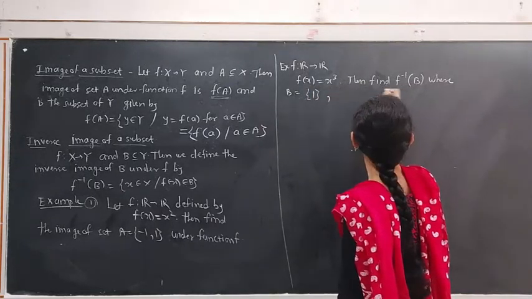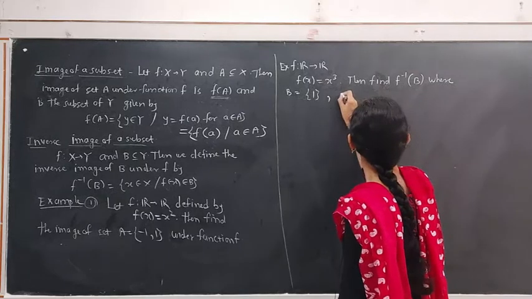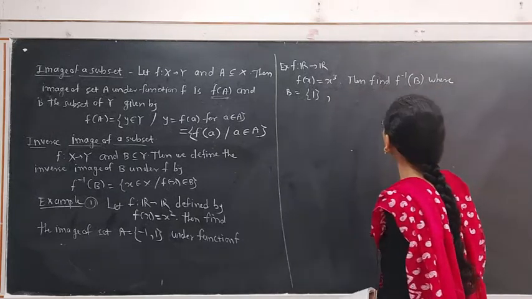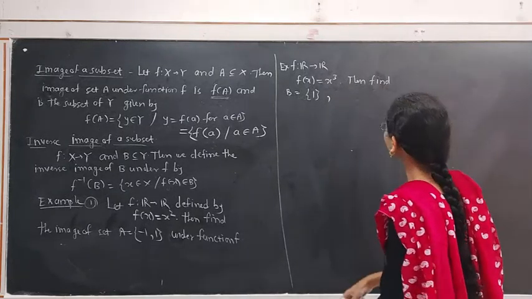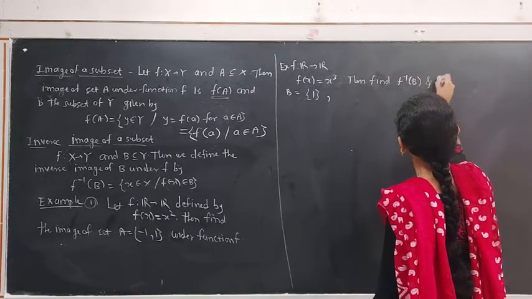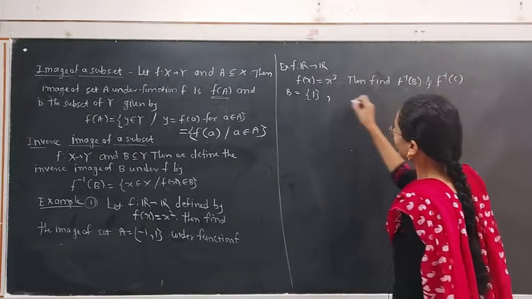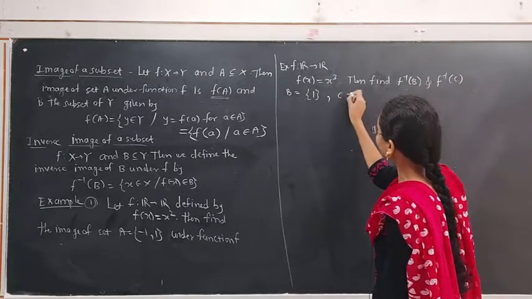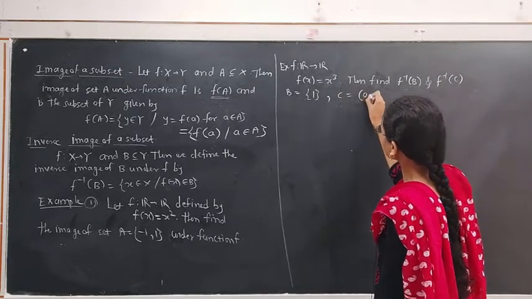We will find the inverse image of two sets, f inverse of B and f inverse of C, where B is the singleton set 1 and C is the open interval 0, 2.